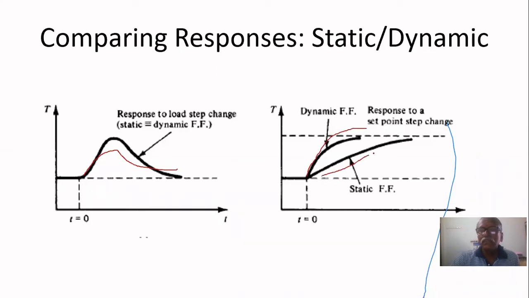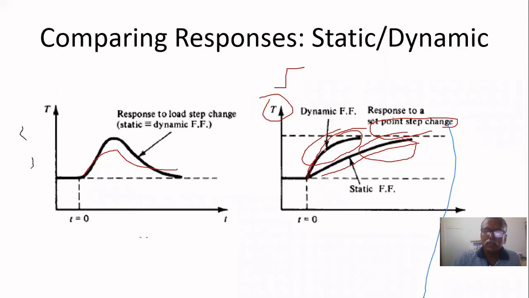This is static feed forward controller for servo response. Response is set point change, set point step change. You notice that T is changed here. A step change is introduced in T. For that, how dynamic controller works, how static controller works. If you see that, definitely the dynamic controller gives better response.